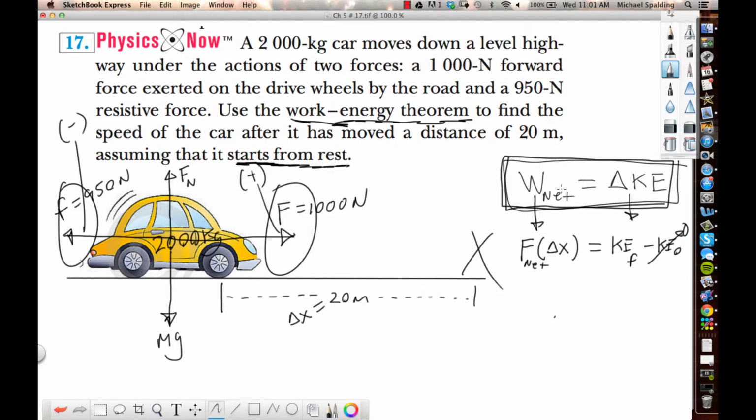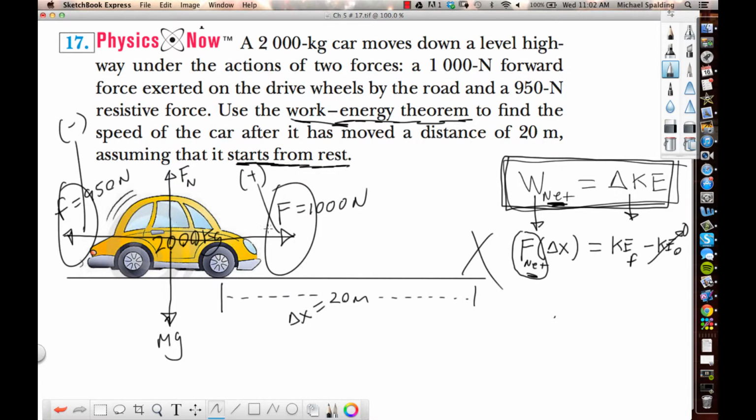If you're talking about net work, then this is F net. You guys got that? If you're talking about net work, then in this equation here, it has to be net force. Okay? What is the net force acting on the car? 50 newtons.